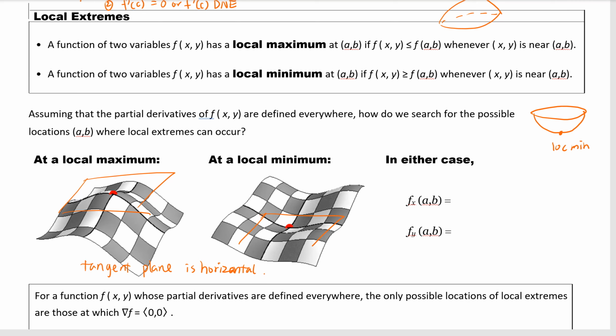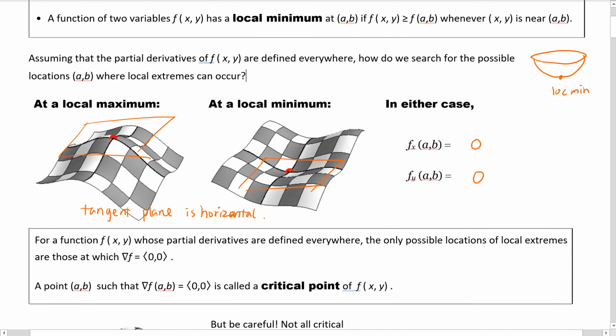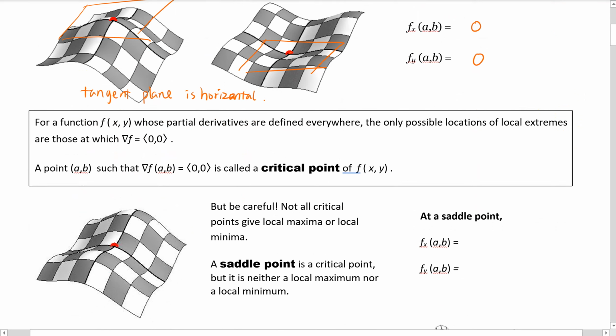And here you see this tangent plane is horizontal. So in either case, the partial derivative with respect to x is 0, and the partial derivative with respect to y is also 0. So for a function whose partial derivatives are defined everywhere, the only possible locations for the local extrema are those at which the gradient vector equals 0.